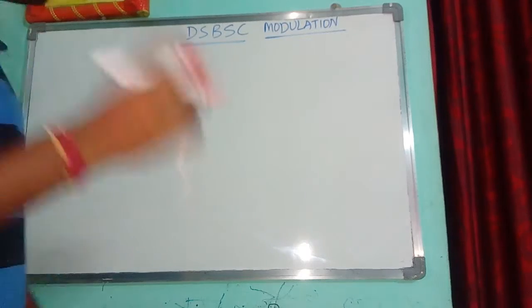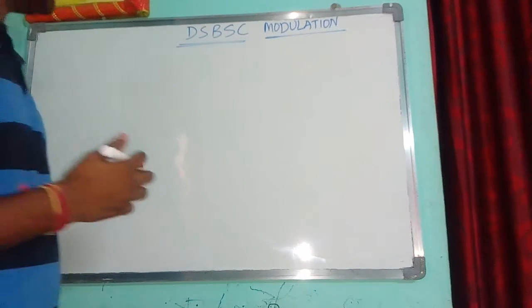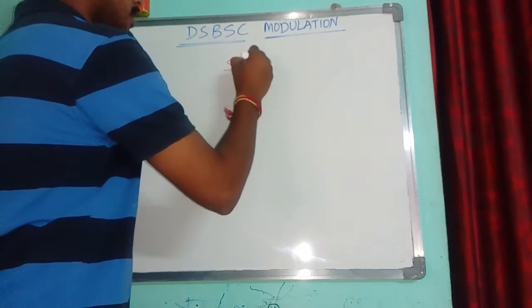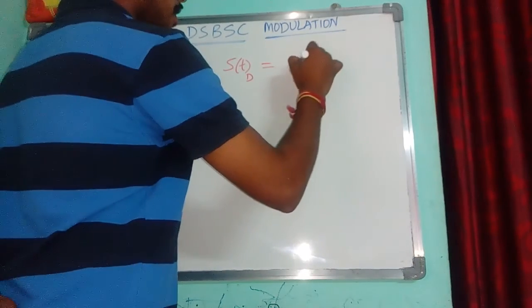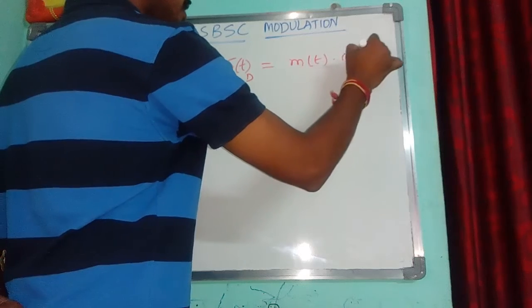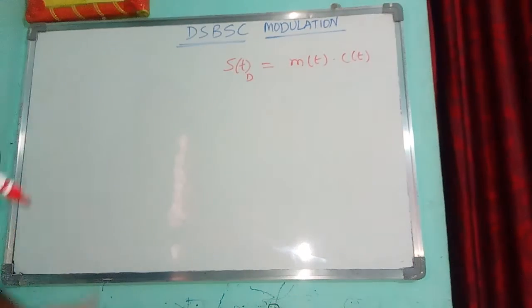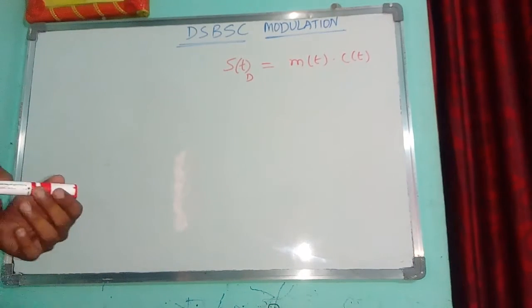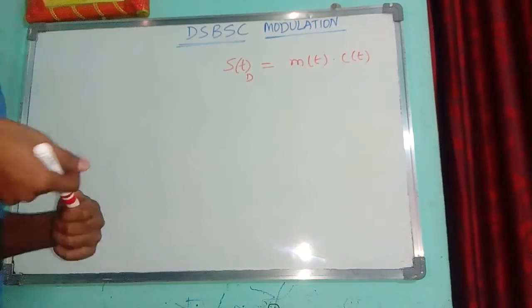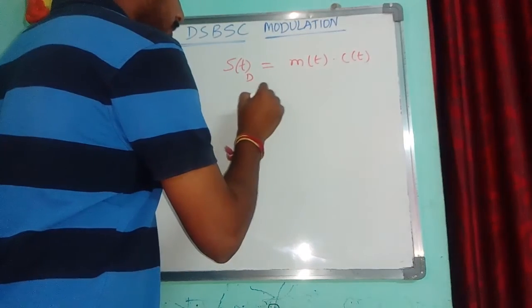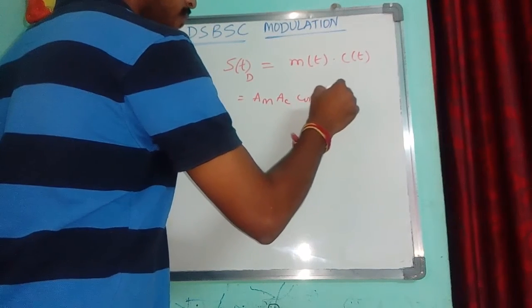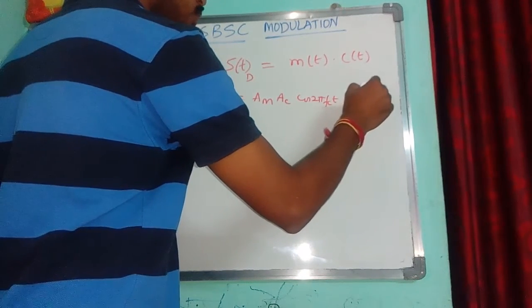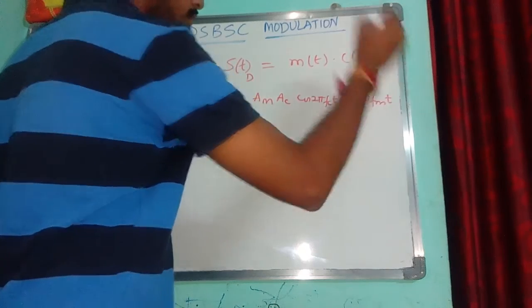Now, how DSBSC generally looks is: s of t equals m of t into c of t. That means it is a product of the message signal and the carrier signal. Now if you see, it will be Am Ac cos 2 pi fc t cos 2 pi fm t.